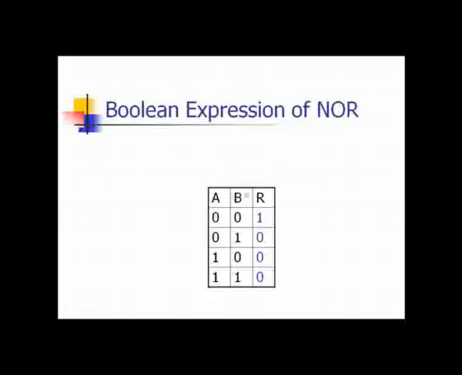This represents the symbol of XOR gate. It is a variation on the standard OR symbol. It consists of a plus sign with a circle around it. So the logic symbol of this XOR gate is as shown.